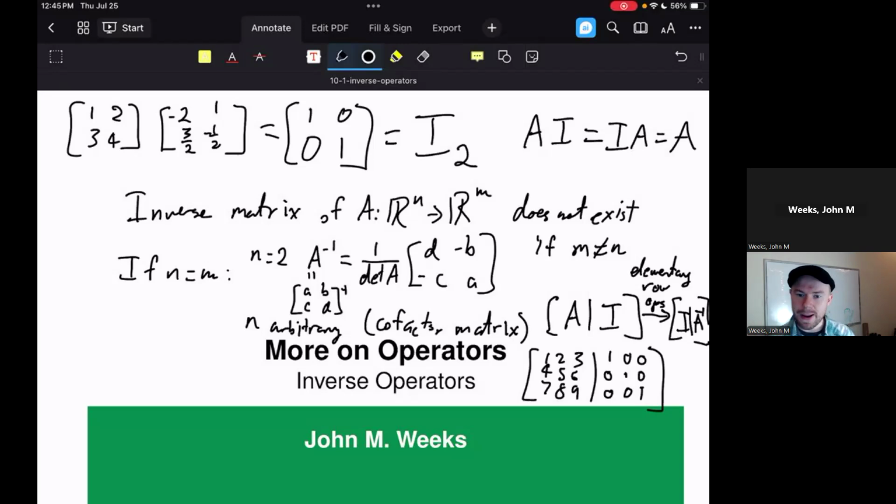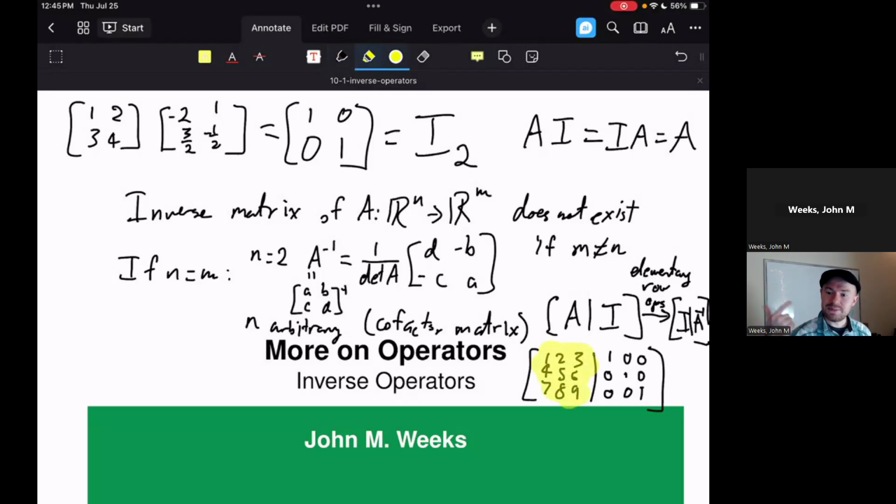Now, here's the interesting thing about using either one of these techniques: at some point, you might be getting something that is impossible to complete. In fact, this matrix right here, 1, 2, 3, 4, 5, 6, 7, 8, 9, does not have an inverse.